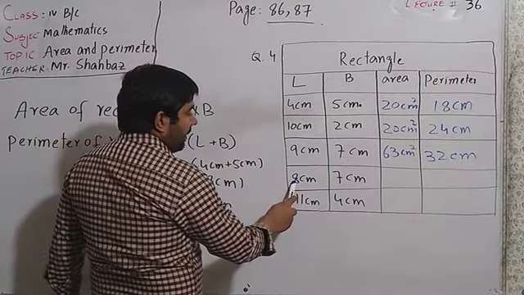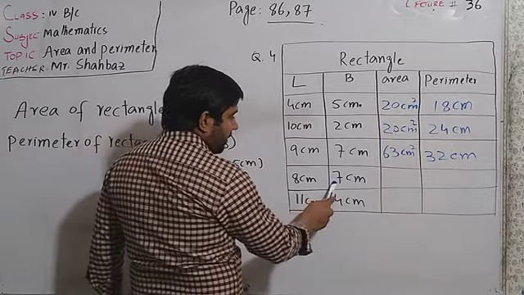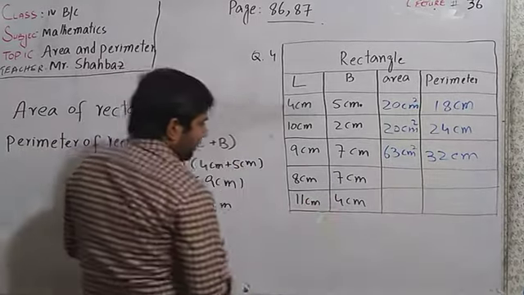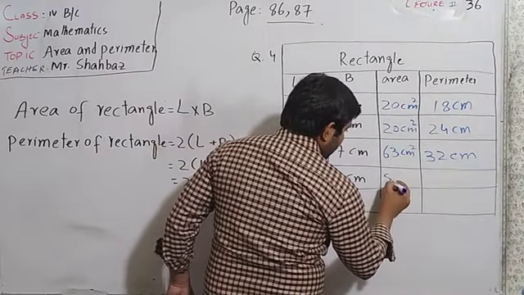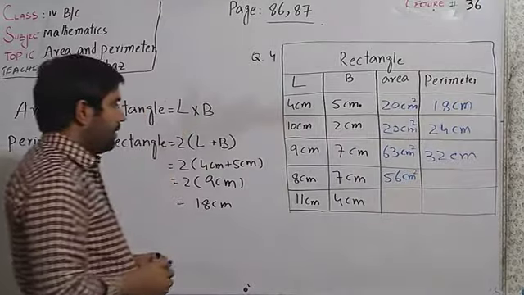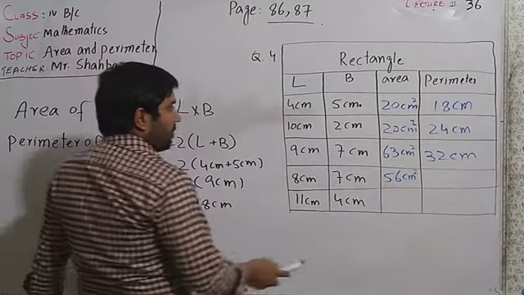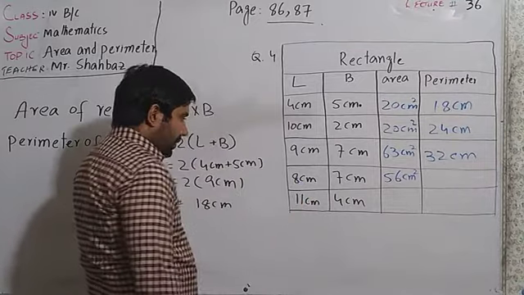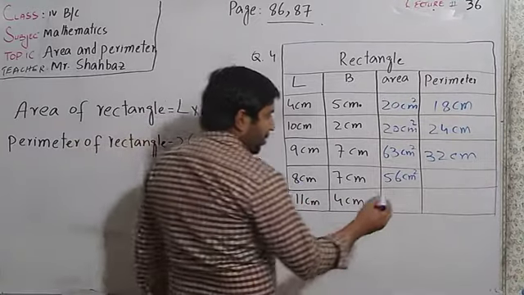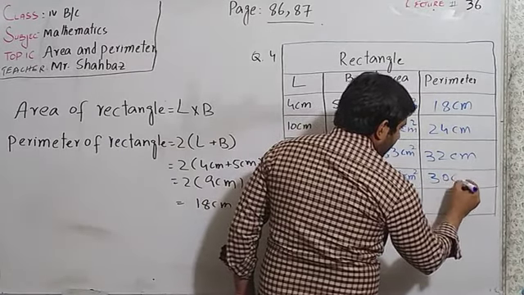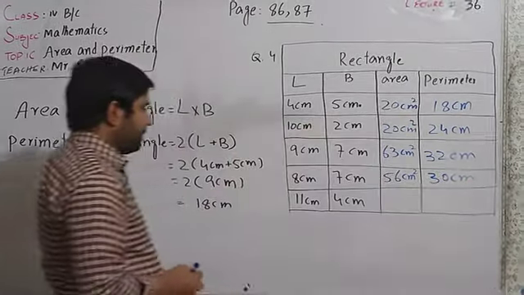Now the area of this one: length 8 centimeter, breadth 7. 8 multiplied by 7 will be 56 centimeter square. And we have to find the perimeter. Add these. 8 plus 7 will be 15. 15 multiplied by 2 will be 30 centimeter.